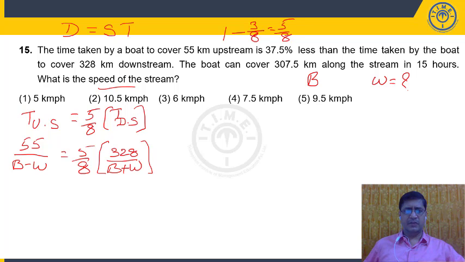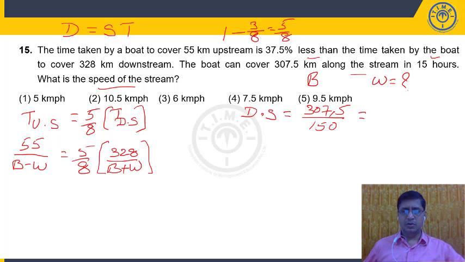One more piece of information is given: the boat can cover 307.5 km in 15 hours along with the stream. Along with the stream is the downstream. What is the downstream speed of the boat? It is 307.5 by 15. Remove the decimal and add 0 here.